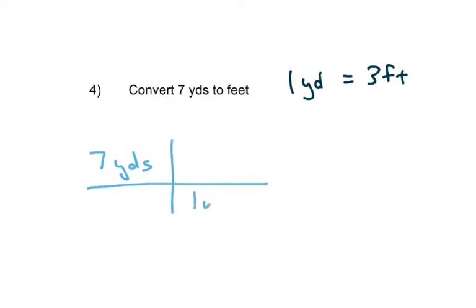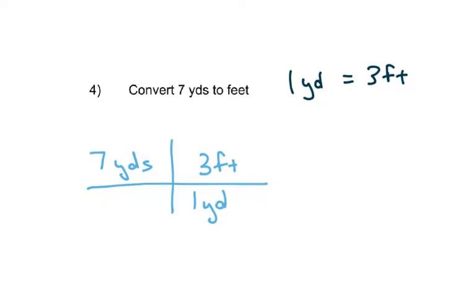Let's move on. Let's try another one. One thing that I want you never to worry about is that we will always provide you with the conversion rate. So 1 yard, I should say 1 yard, not 1 yards, is equal to 3 feet. So I'm going to use the second method here, and we're given that we have 7 yards. We know the conversion rate is 1 yard to 3 feet.